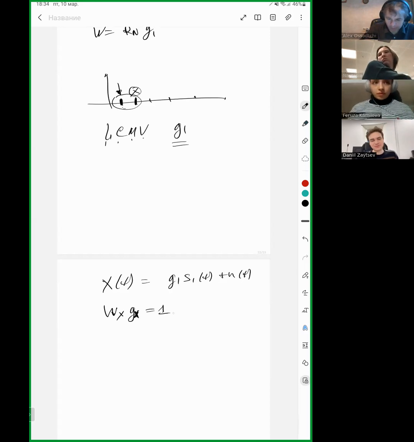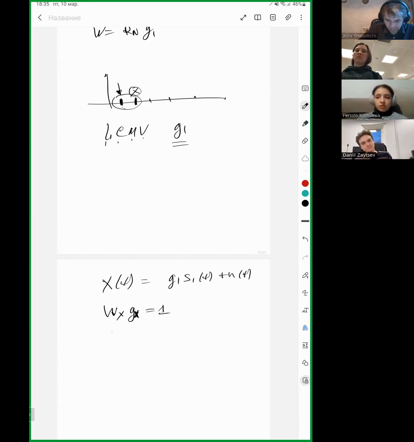We want this to be 1, but for Wz, we want it not to listen to the source at this very location oriented along Z, and we don't want it to listen to the topography Y. So we have three constraints here. Got it? Then you have vector Wy.